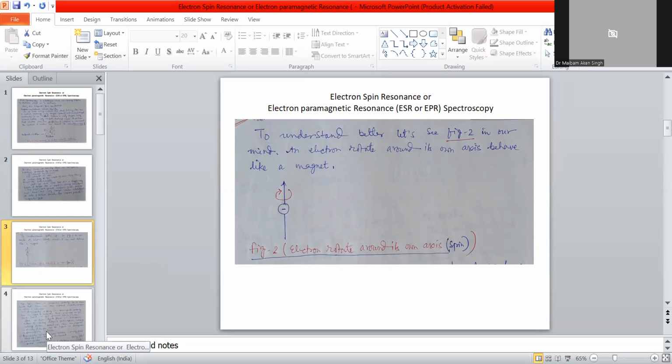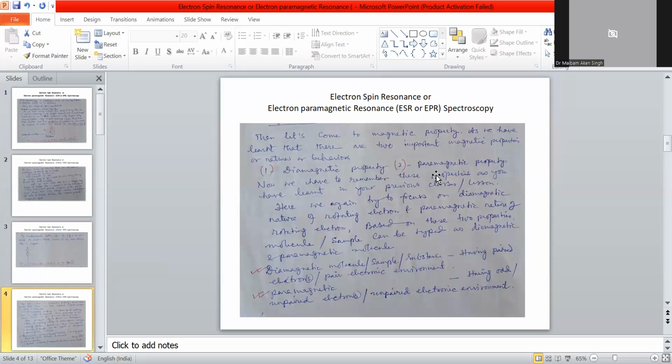Then let us come to magnetic properties. There are two important magnetic properties in nature: diamagnetic properties, and paramagnetic properties having odd or unpaired electrons. Diamagnetic means paired electronic environment shown by the species, and paramagnetic means unpaired electronic environment shown by the molecules or species.